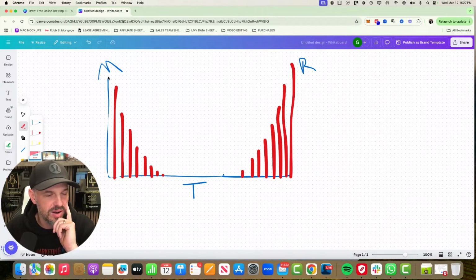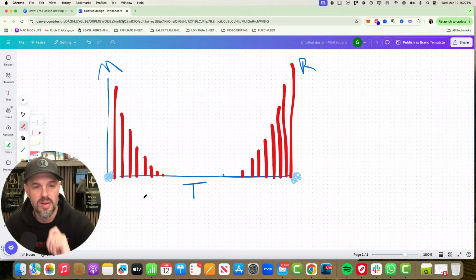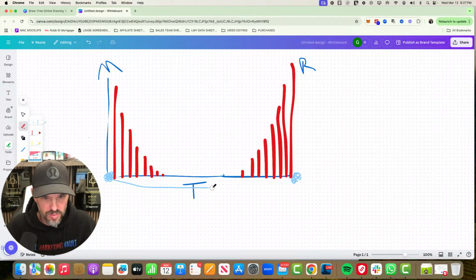And then let's say there are people, let's pick a light blue. This is you, entrepreneur, and one day you'll be here. So you will go from here to here because this is time.